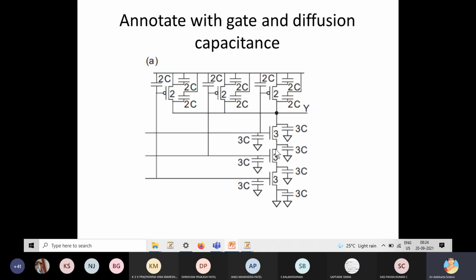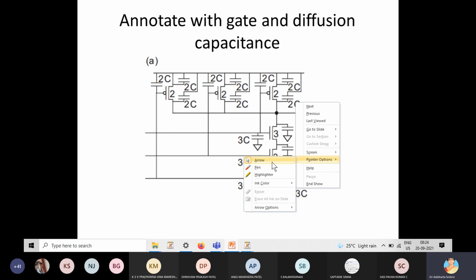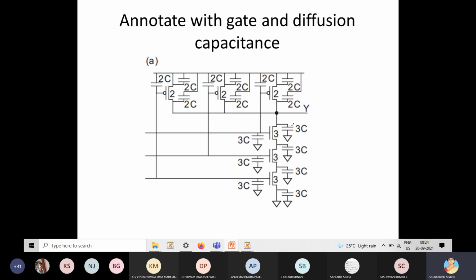But because of the merged diffusion, we have a single capacitance for both source and drain. Here we have source capacitance, here we have drain capacitance. Is it clear now? This combination has only a single capacitance. This is one capacitance.